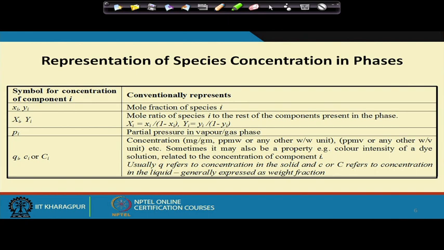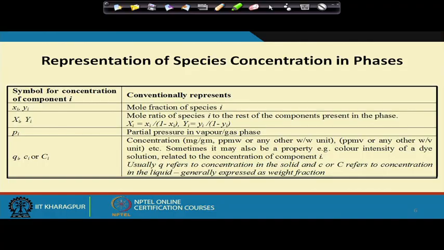When we are dealing with liquid phases, say in liquid-liquid extraction or adsorption of a liquid by a solid, usually we prefer to use concentration or any property related to concentration. The concentration in the solid phase is denoted as small q, and the concentration in the liquid phase is denoted by either a small c or a capital C.